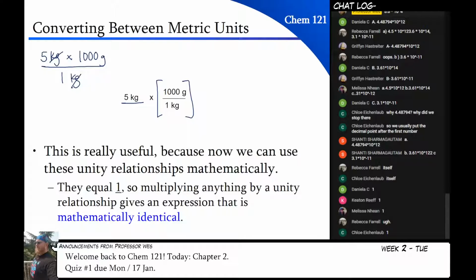So 5 times 1 times 1,000 grams would give us 5,000 grams, which would be the answer that we are looking for. And so there's that in action. So this is what we're going to be doing. You may have done this in Math 86 or Math 96 already, where you do dimensional analysis and you cancel out units to give you the units that you want.